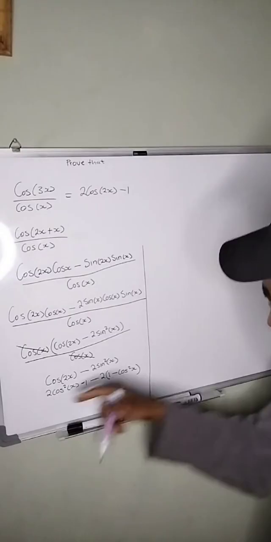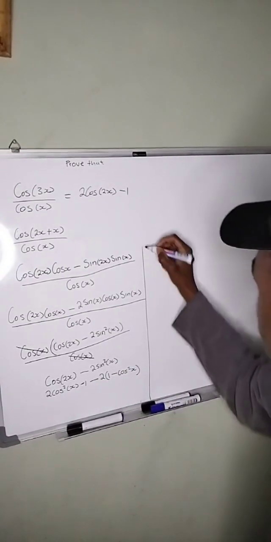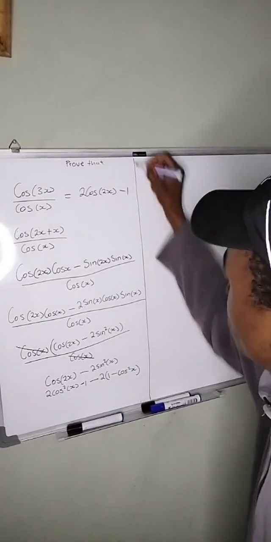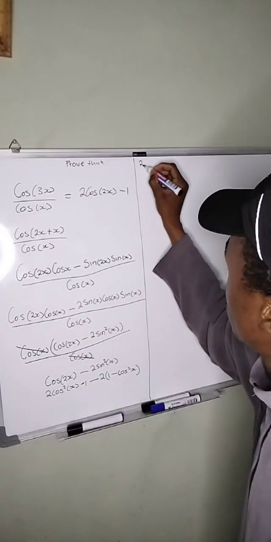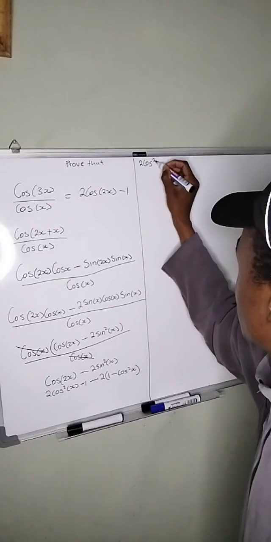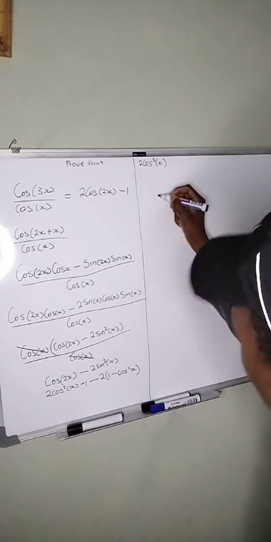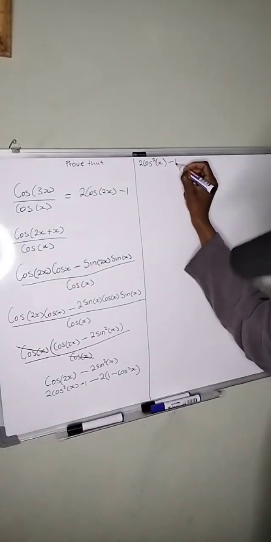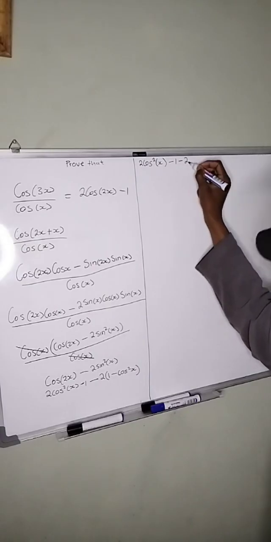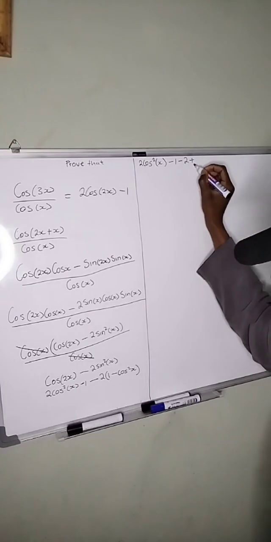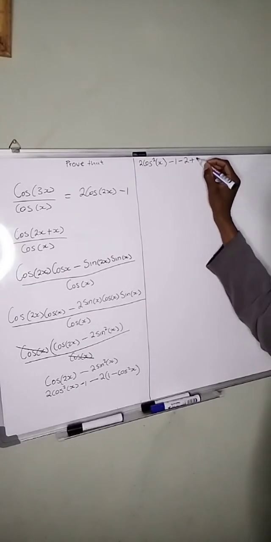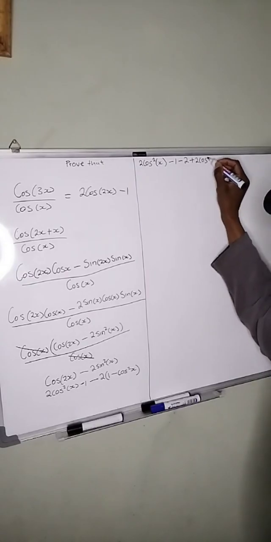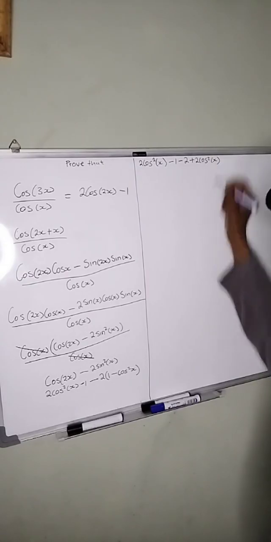Here I'm going to have 2 cos squared x minus 1, minus 2, plus 2 cos squared x.